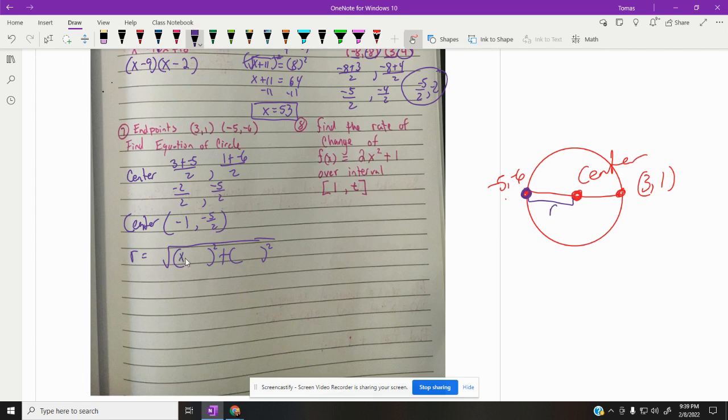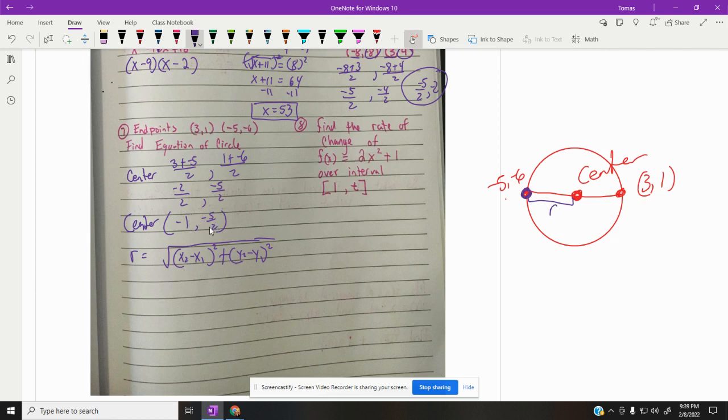Which is x2 minus x1 squared plus y2 minus y1. Okay, so again, I am going to use one of the center and the endpoint.